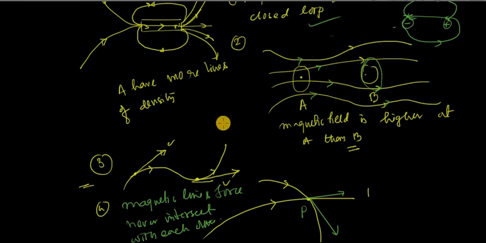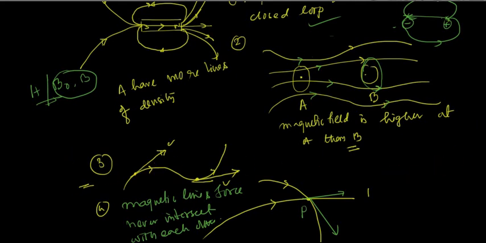Magnetic field strength means H, and magnetic field vector means B0 in free space or B in any other medium. So if at any point the number of magnetic lines of force is higher, that point corresponds to higher magnetic field strength.